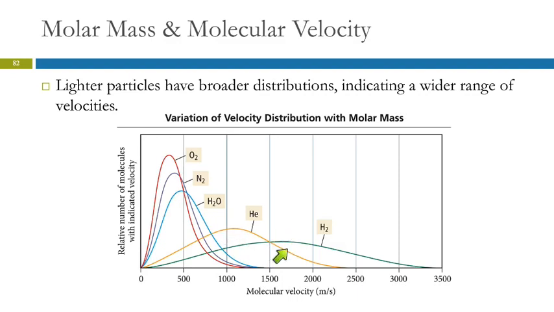And so we see, if you pick the maximum here as sort of the average speed, hydrogen molecules are faster than oxygen. And that's what that previous equation would tell us as well. But what the equation doesn't tell us is that the distribution for hydrogen is much wider, meaning there's a lot more variability in the velocities. And when you get to heavier and heavier gases, the distribution gets more narrow.